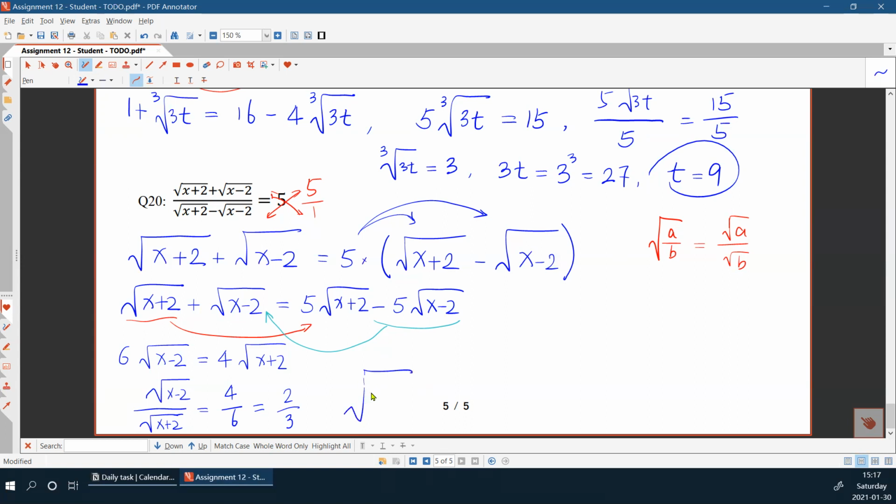This means we have x minus 2 over x plus 2 under the square root, and that is actually 2 over 3, right? Again, when the square root of something is 2 over 3, that means this number should be 2 over 3 raised to the second power, which is 4 over 9.